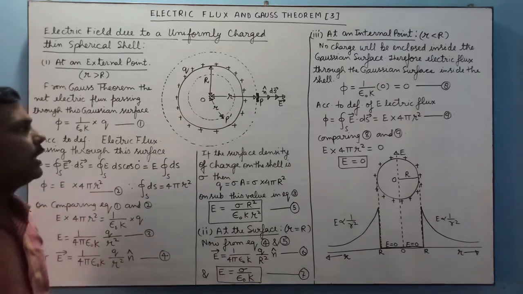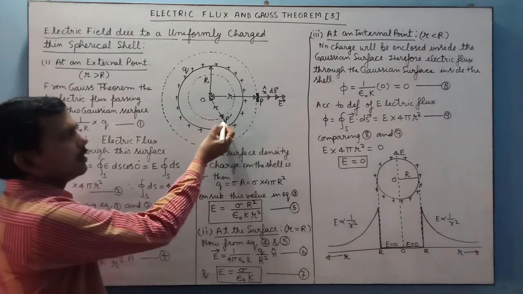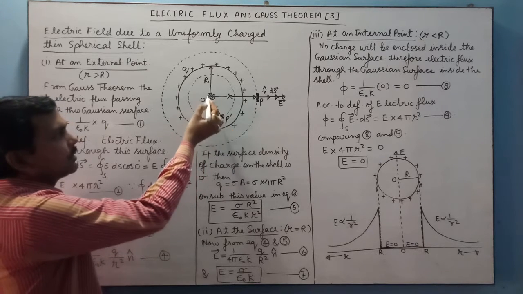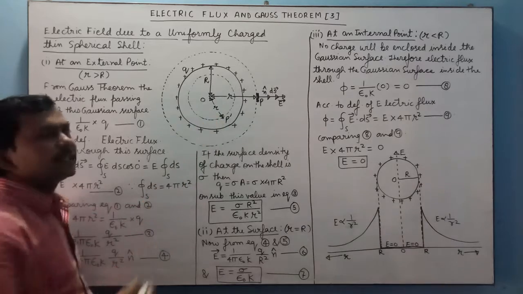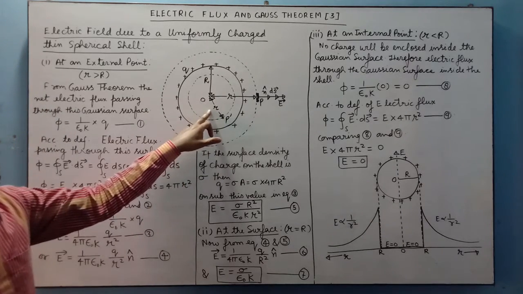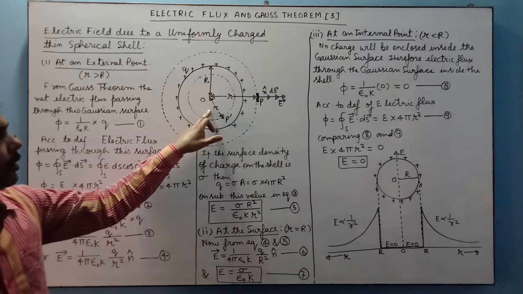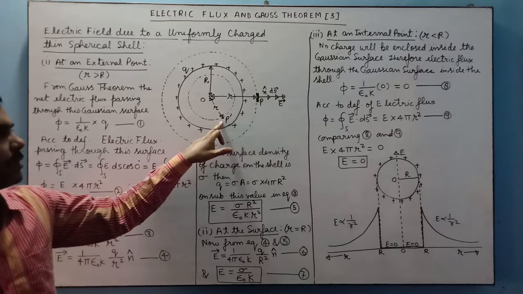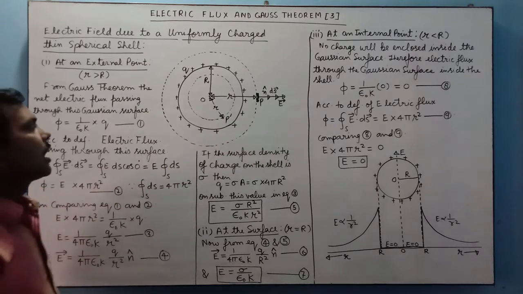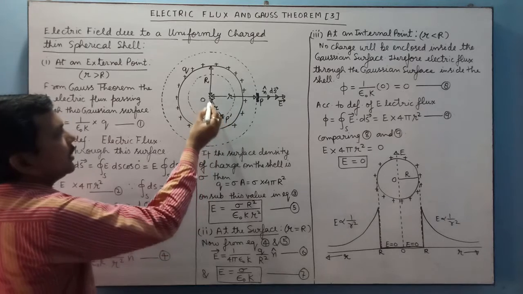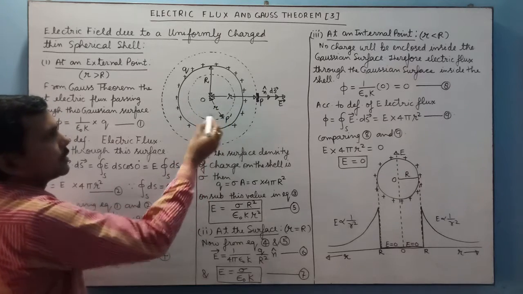Now if the point P lies inside this spherical shell at P dash, so this distance OP dash will be small r. In this case, small r is less than capital R. Now to find the electric field at this point P dash lying inside this spherical shell, we will consider a Gaussian surface of radius small r equal to OP dash.